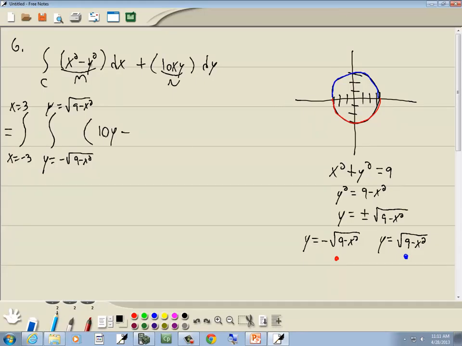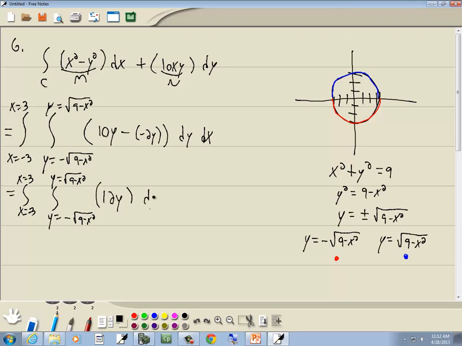Partial of m with respect to y would give us negative 2y, dy dx. So we get x is equal to negative 3, x is equal to positive 3, and then y is equal to negative square root of 9 minus x squared to y is equal to square root of 9 minus x squared. Now negative negative gives us positive, so that becomes 12y dy dx.